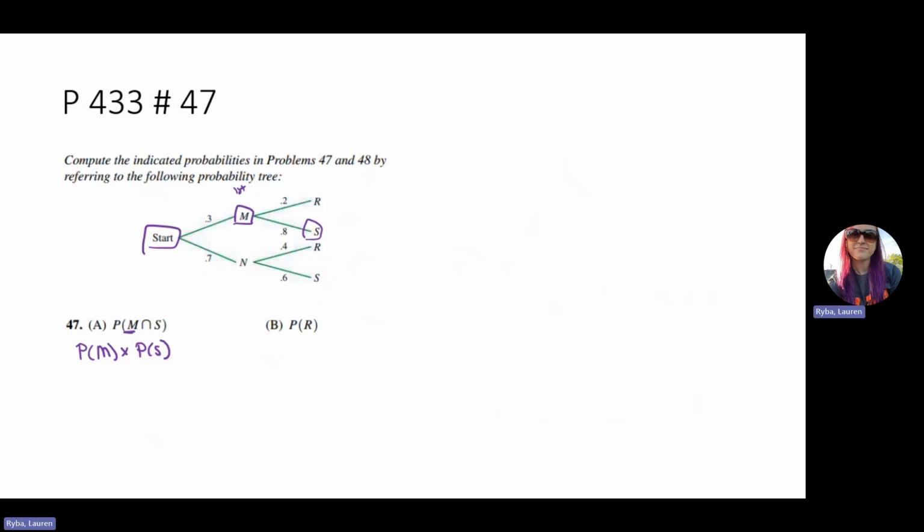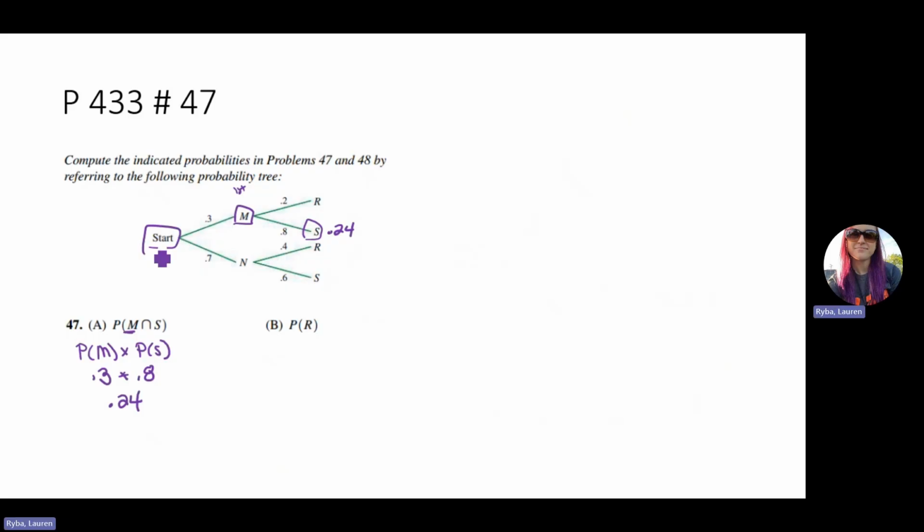Well, that is the number on the line before the letter. So the probability of M is 0.3. The probability of S off of M is 0.8. So that is 0.24. So this path here is 0.24.